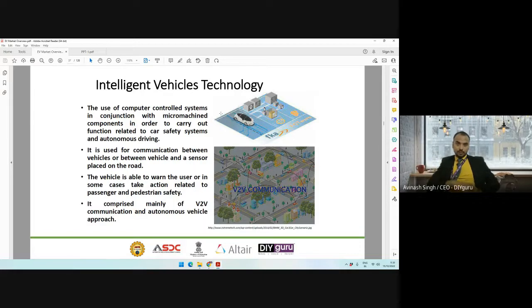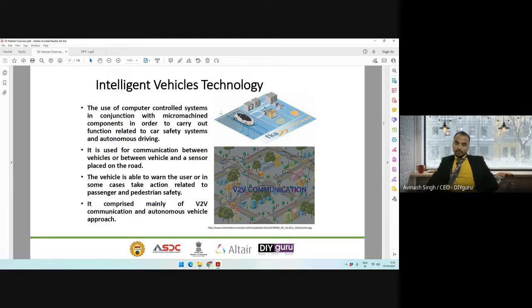राइट। सो this all will come into a canvas of intelligent vehicle technology, the use of computer control system in conjunction with micro machine component in order to carry out functions related to the car safety systems and autonomous driving. It is used for communication between vehicles or between vehicles and a sensor placed on the road.